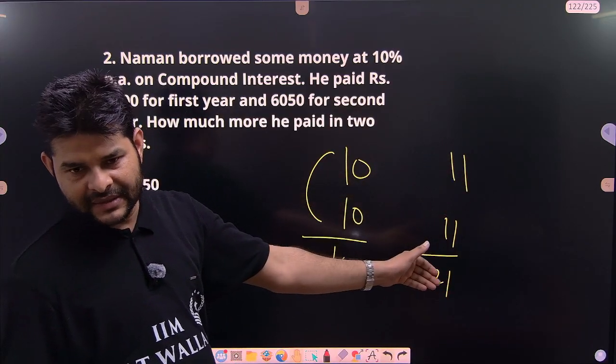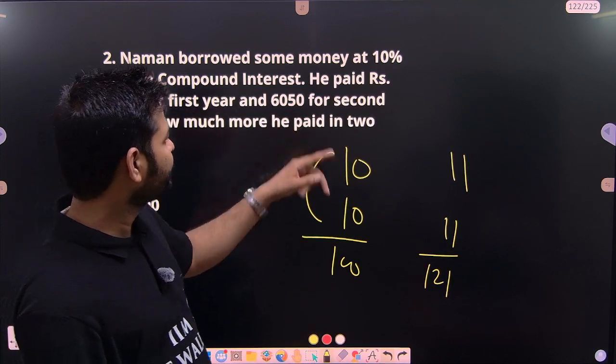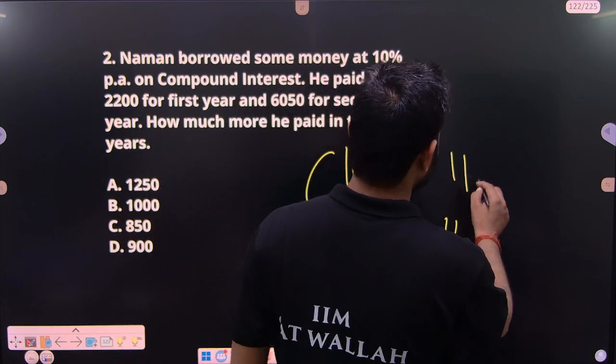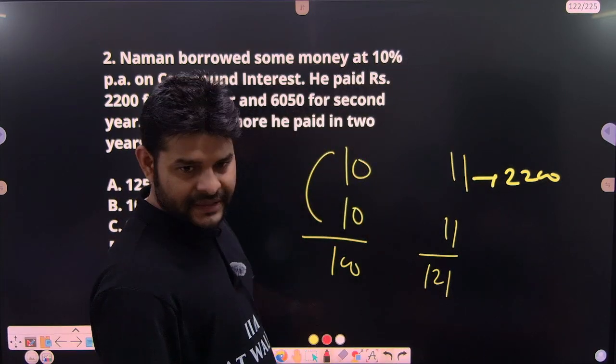The second year installment is, that's it. But the first year installment we have been given is 2200. So 11 units is going to represent 2200.